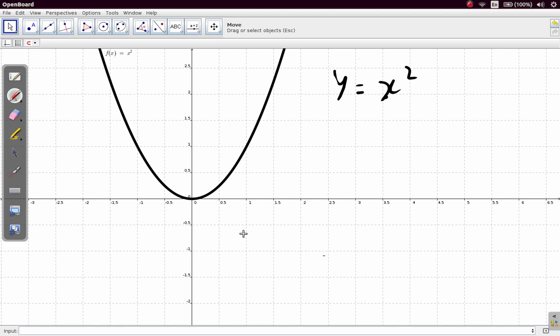But suppose we do a graph of y equals, and we come into the square part and we say y equals x plus 1 squared. What would happen? Well, let's see.